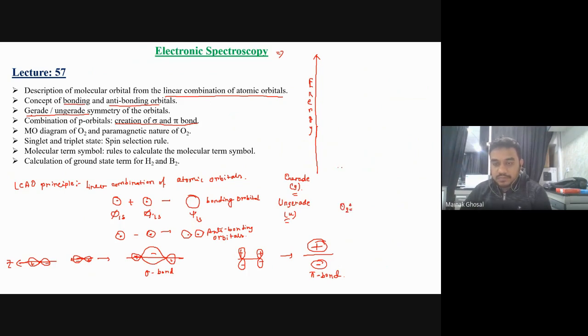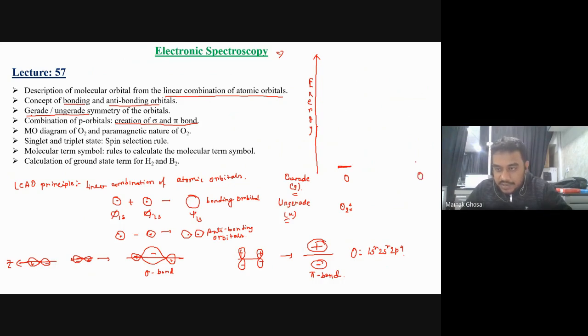You know oxygen's electronic configuration: 1s2, 2s2, 2p4. 8 electrons will be there. So this is one oxygen atom, and here is another oxygen atom.